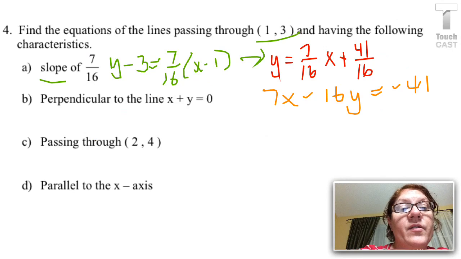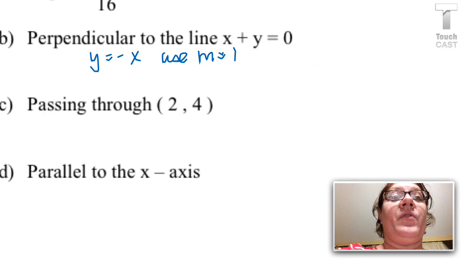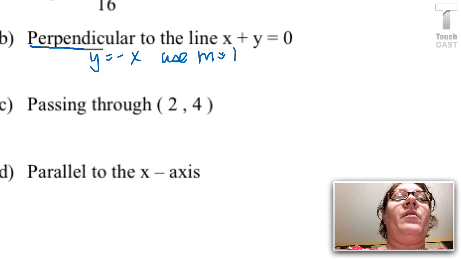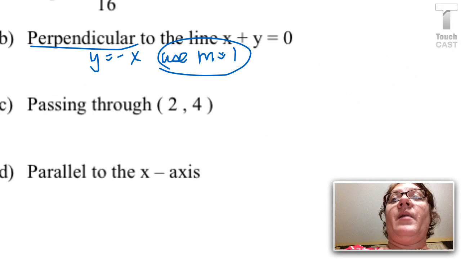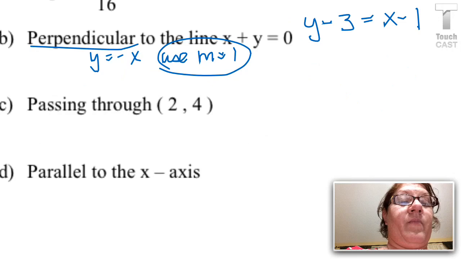Okay, so next, I of course would first want to find the slope, so I put my equation in y equals, and I have a negative slope, and if I want to be perpendicular, I remember that the slopes are negative reciprocals, so I'm going to use a slope now of +1, and I'm still using that same point. I'm going to put it in all three forms, starting with point slope, which would look like that, hocus pocus.